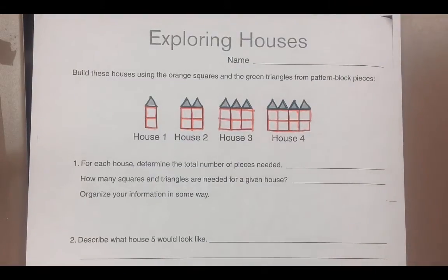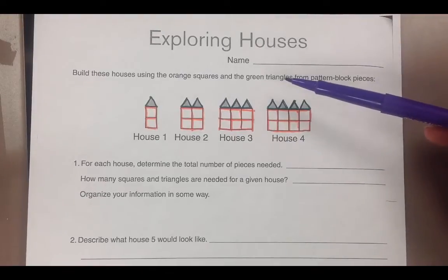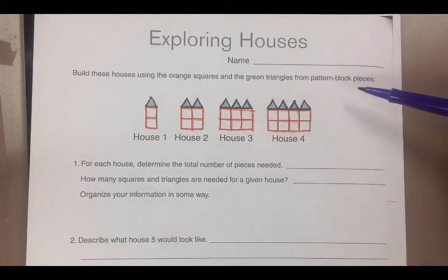In this video, we're not given a data table, we're given a picture, but we're going to go ahead and make a data table so it goes with this same lesson of looking at data tables and seeing how the relationship between x and y, whether you've got a linear function or not. So our directions say build these houses using the orange squares and green triangles from pattern block pieces.